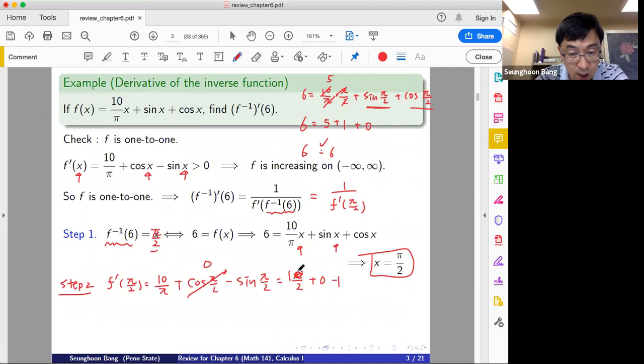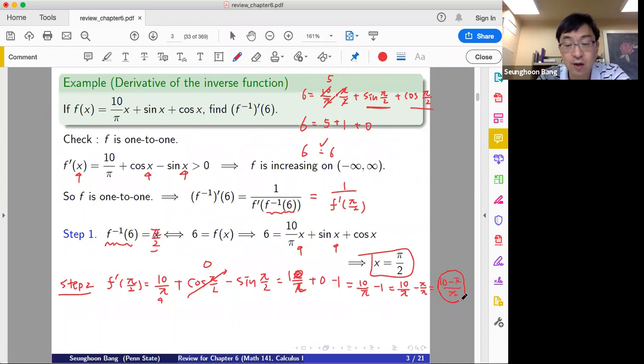So this is the same as 10 over pi minus 1, right? So I will change this one to a fraction: 10 over pi minus pi over pi. So we have 10 minus pi over pi. This is exactly f prime of pi over 2.